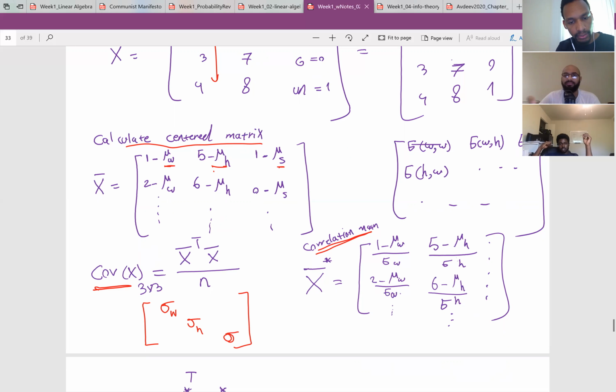I think one is the square of the other. Is it the square or the square root of standard deviation? I think it is square. Yeah, but that's basically conceptually what it is.